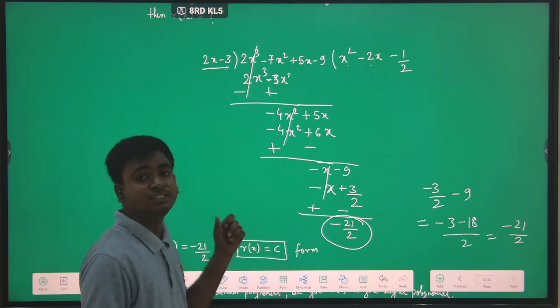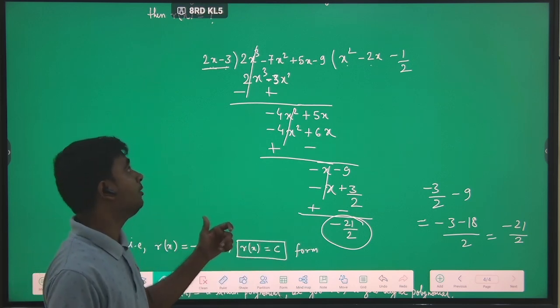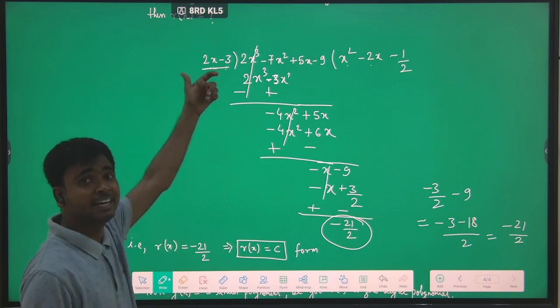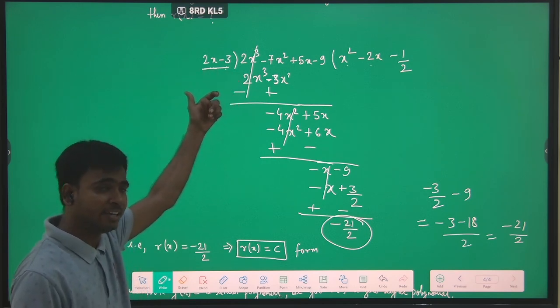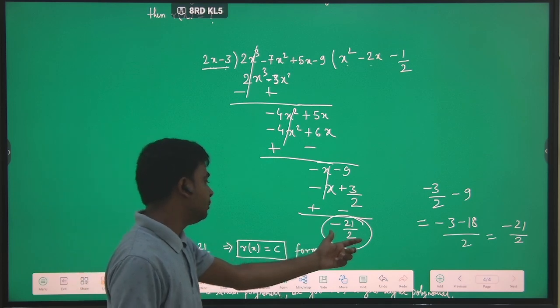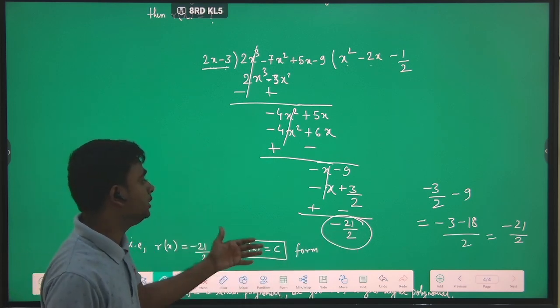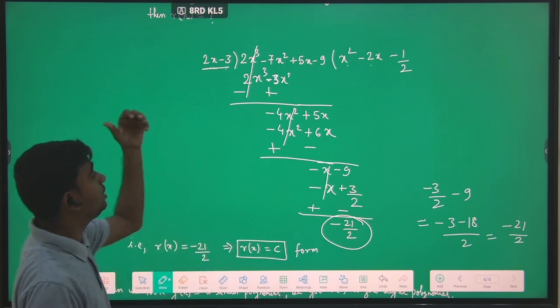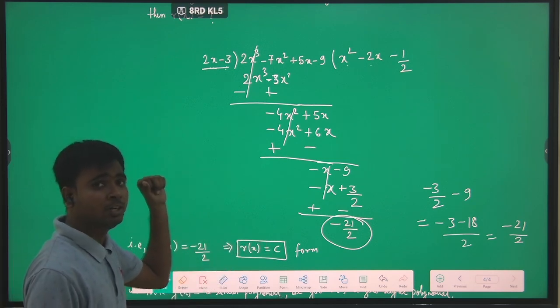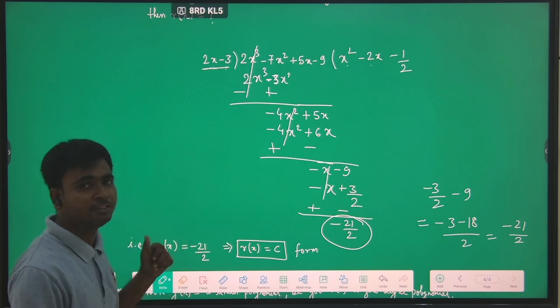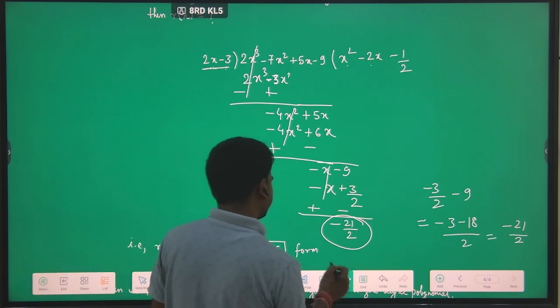So it is a 0 degree polynomial. We have taken 2x − 3, a linear polynomial, as the divisor, and we are getting the remainder as a 0 degree polynomial, through which we can say that the degree of r(x) should always be less than the degree of g(x).